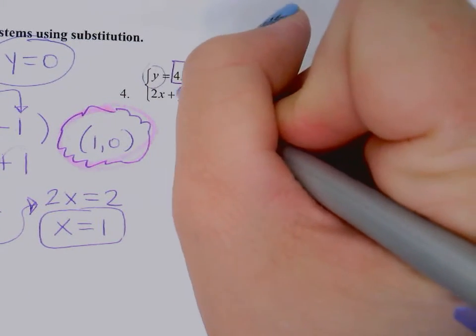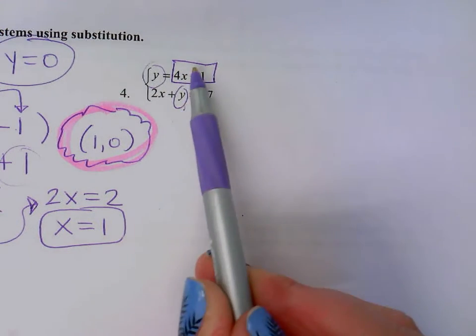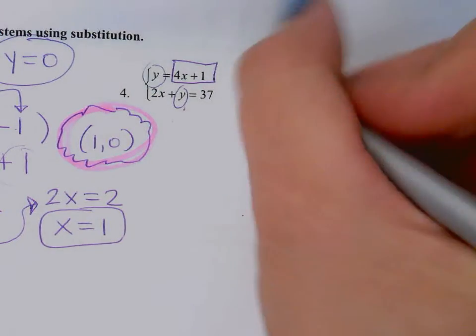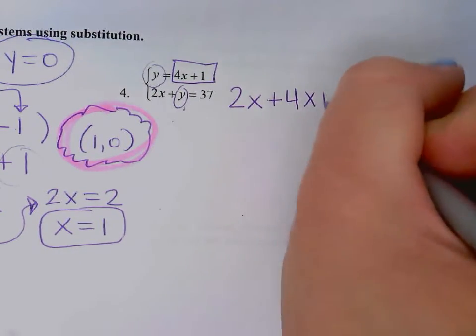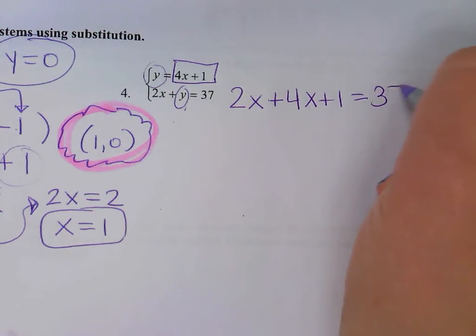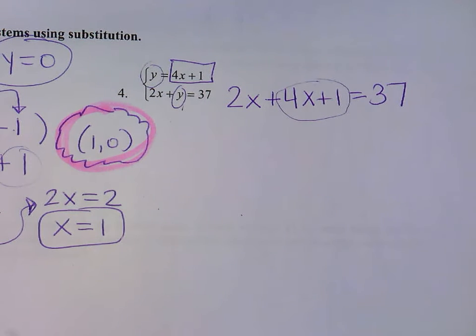So that means that the y in the second equation can also be equal to 4x plus 1. So I rewrite it as 2x plus 4x plus 1 equals 37. So see how I've replaced the y in the second equation with 4x plus 1. Did you get that far? So now tell me what I do next to solve for x.